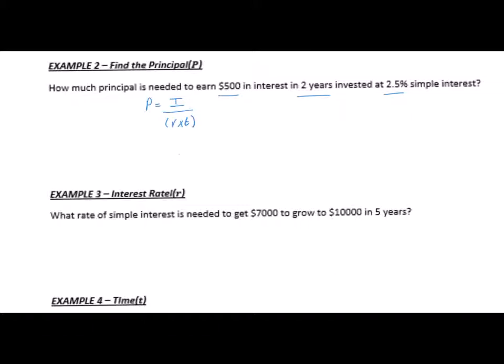So let's put our variables down. We need P, and we have I, R, and T, just like before. Now, we do know I. Our interest is $500. So this part here is our interest I. The T is 2 years.